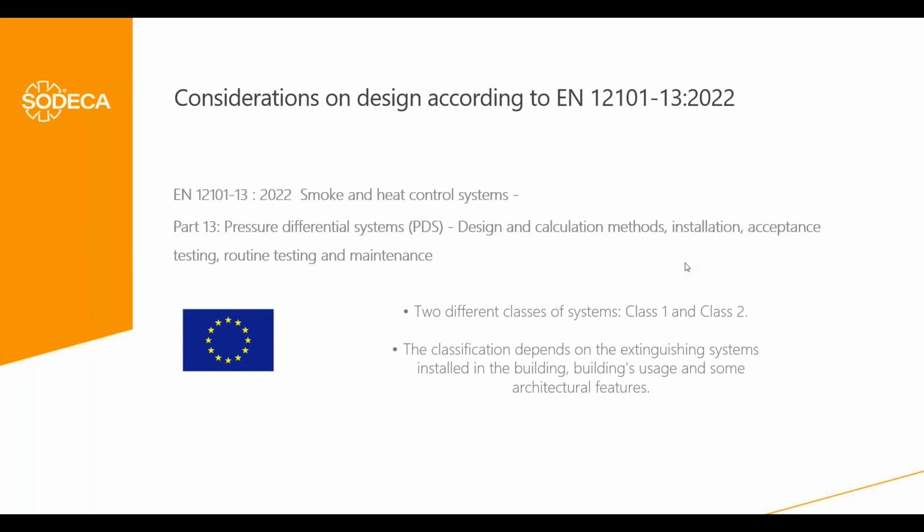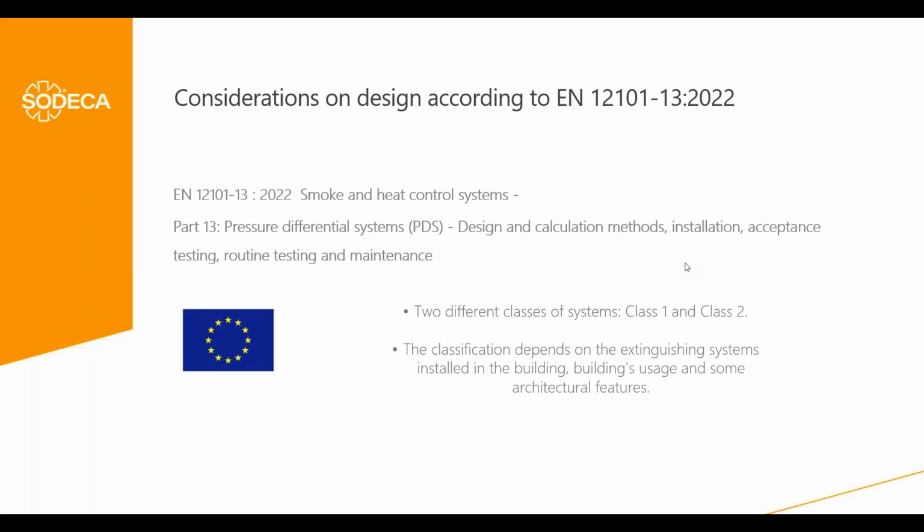We have only two classes of system, and these classes in fact depend on realistic or objective parameters of the building, the existence of sprinklers, for instance, or the existence of rooms between the fire room and the protected staircase to limit the movement of the smoke. So it's clearer if we have to apply class 1 or class 2.